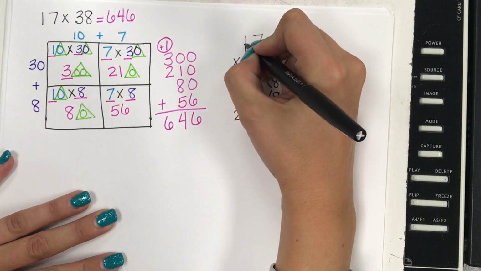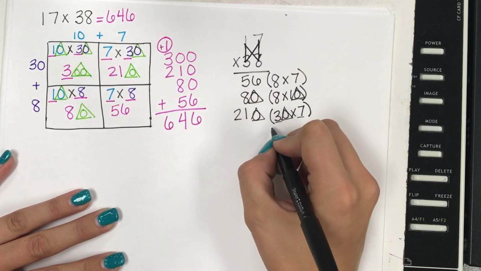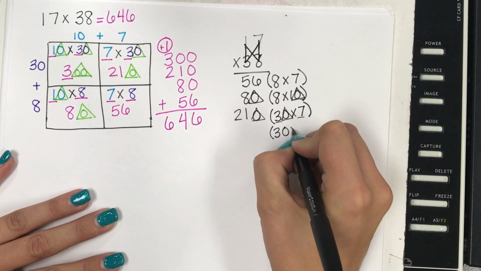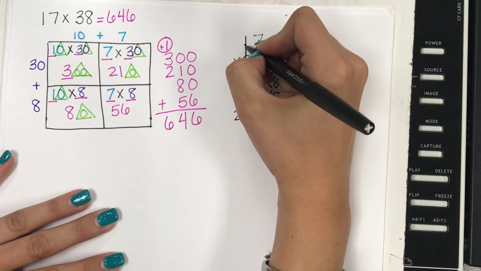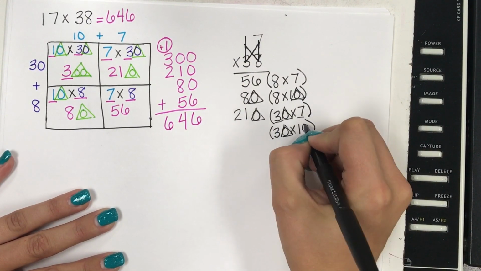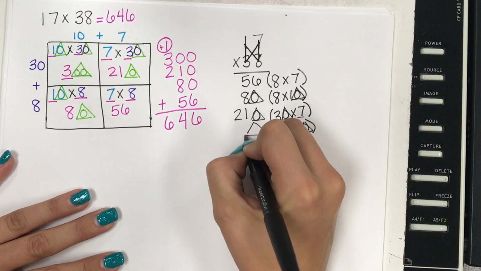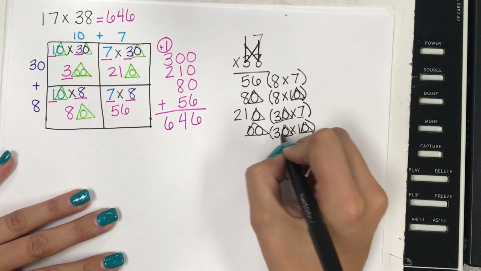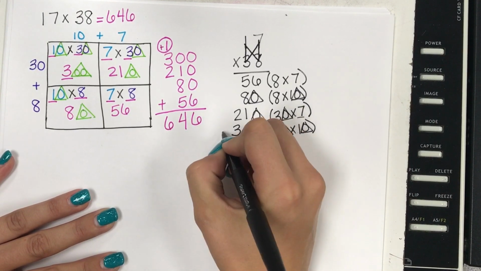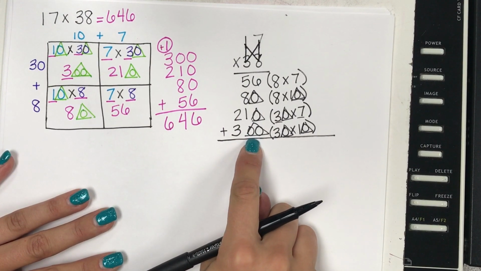Then my last piece that I have to multiply is this 3, which is worth what? 30 times my 1, which is worth what? 10. 30 times 10, how many zeros? 2 zeros. What's 3 times 1? 3.